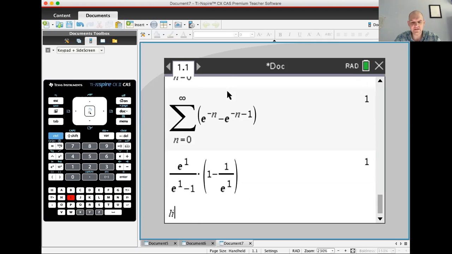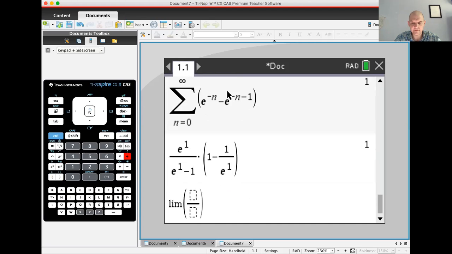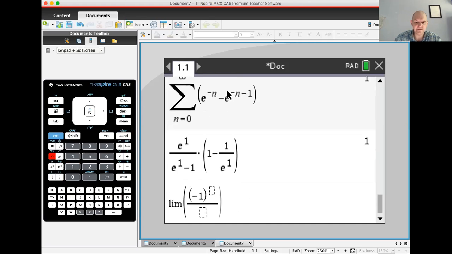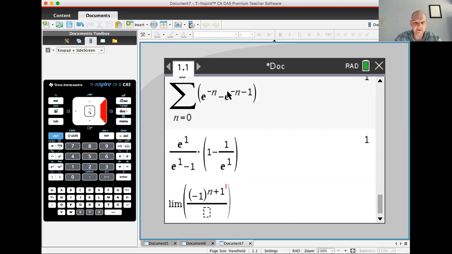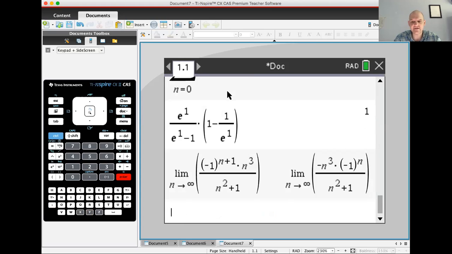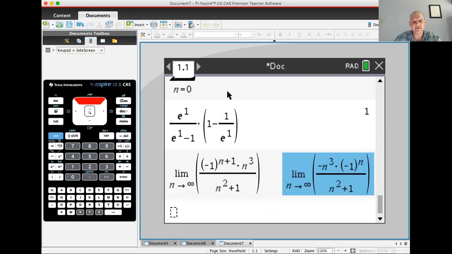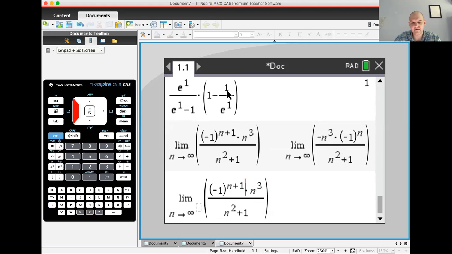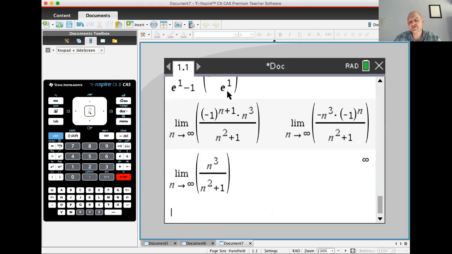For the next one, we did the limit of -1 to the n plus 1 times n cubed over n squared plus 1 as n goes to infinity. And we got doesn't exist. So let's take this out, and we'll just know that this gives me infinity, but when the -1 to the n plus 1 is there, we're bouncing between infinity and negative infinity.